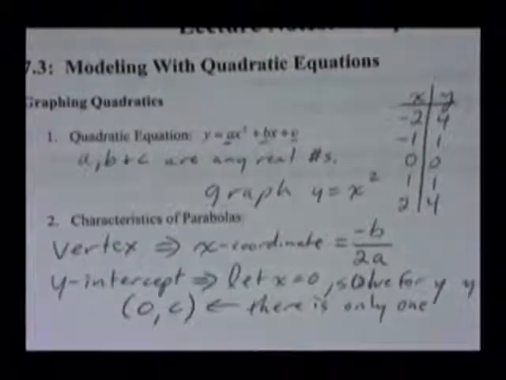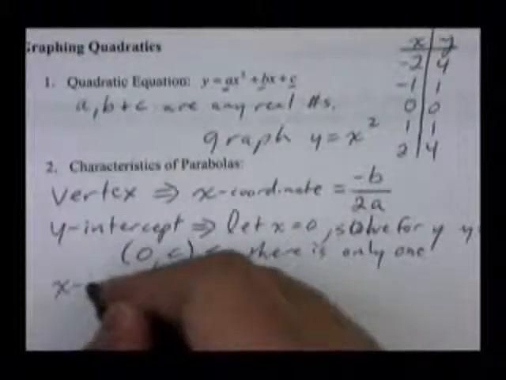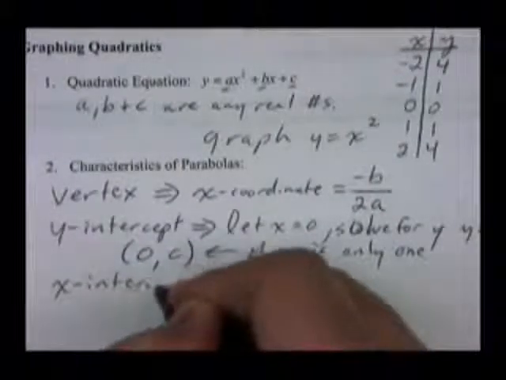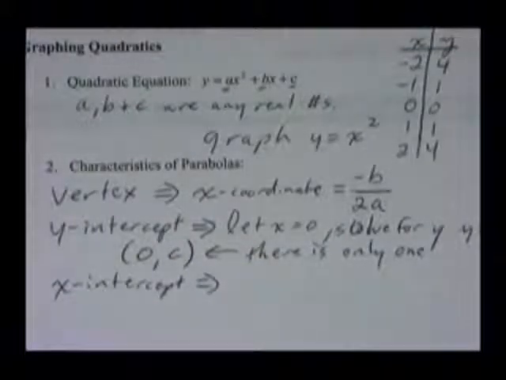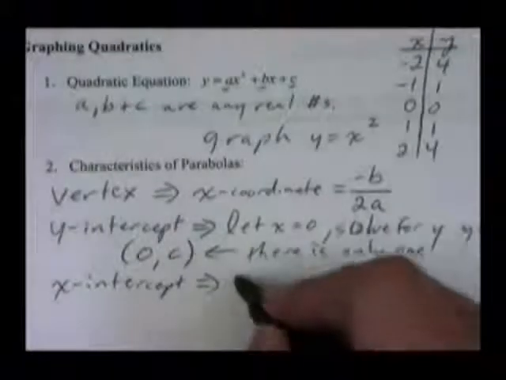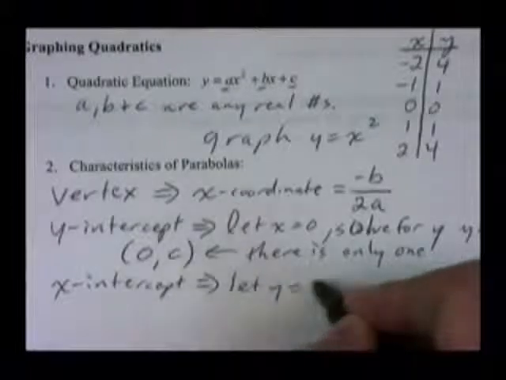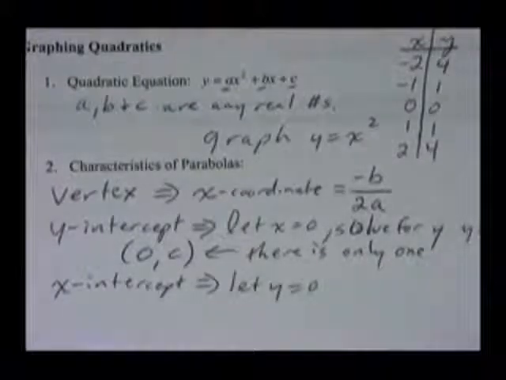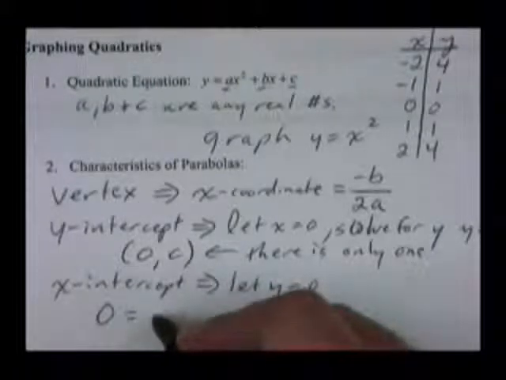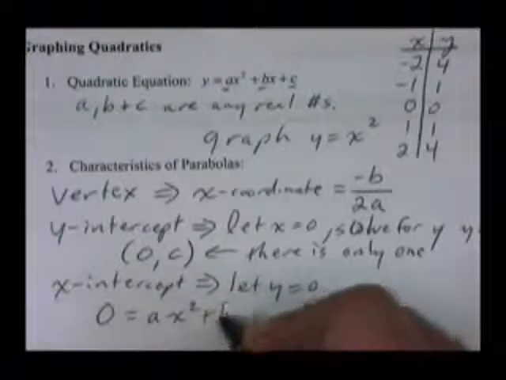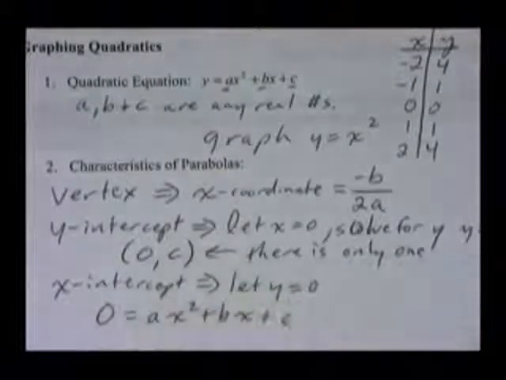The other thing we could find on the parabola is our x-intercept. And for the x-intercept, remember anything on the x-axis has a y value of 0. So what we want to do is solve 0 equals ax squared plus bx plus c.